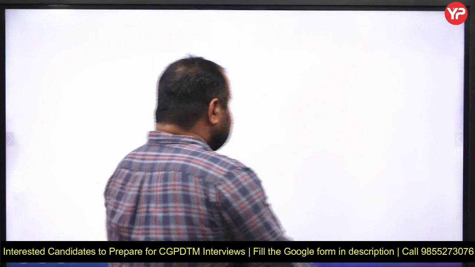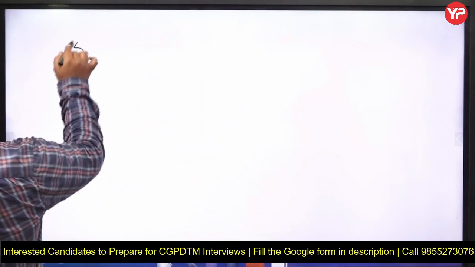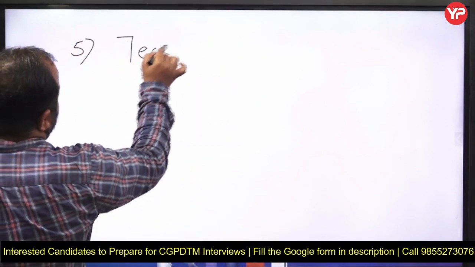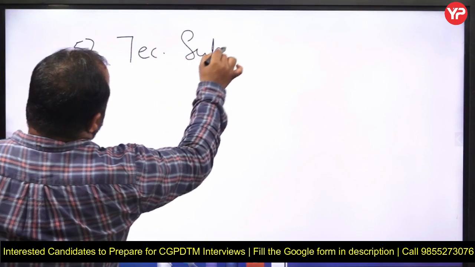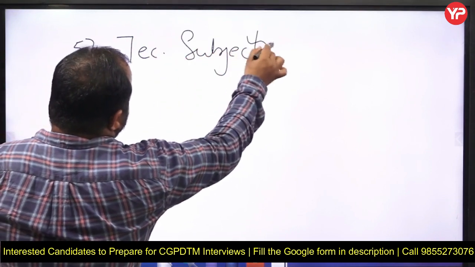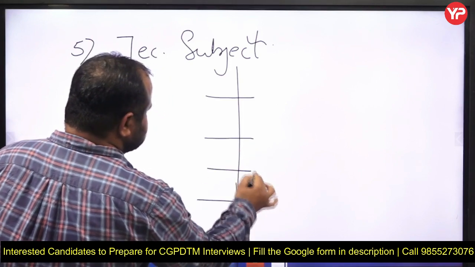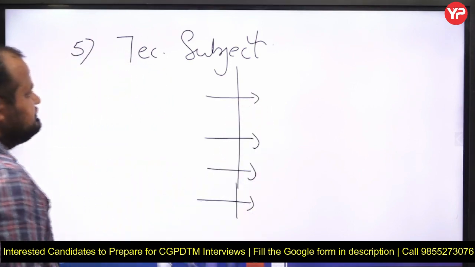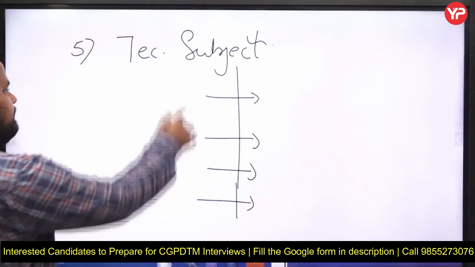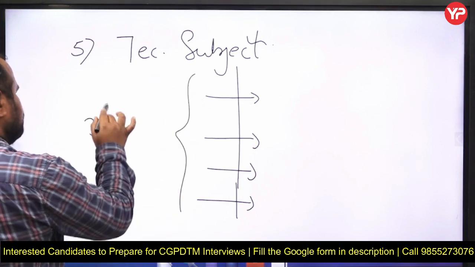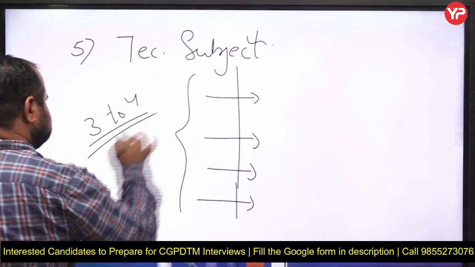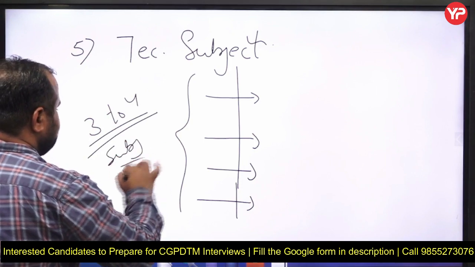Moving towards the next part, the fifth part, the technical subjects. As you already proved that you know the technical subjects, they may still ask you different questions on them. That's why you have to prepare at least 3 to 4 subjects related to your branch.